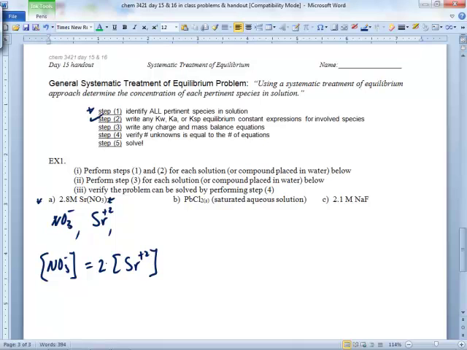Mass balance. Okay, charge balance just doesn't have molarities in it. But mass balance, that's where you start playing with actually getting numbers. Bless you. So how would you start writing a mass balance here?